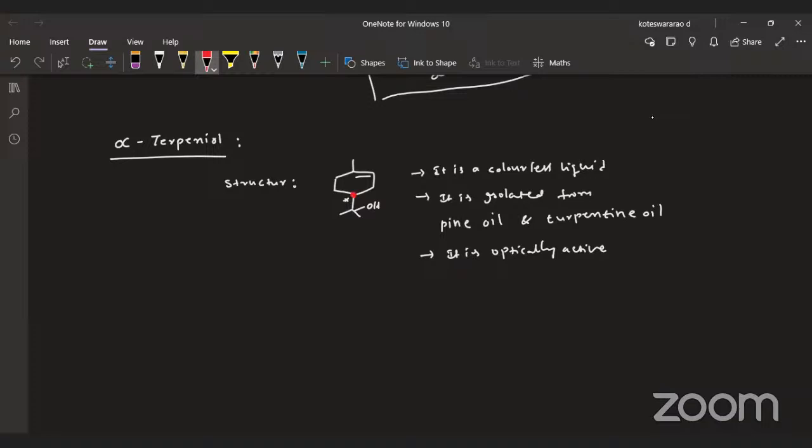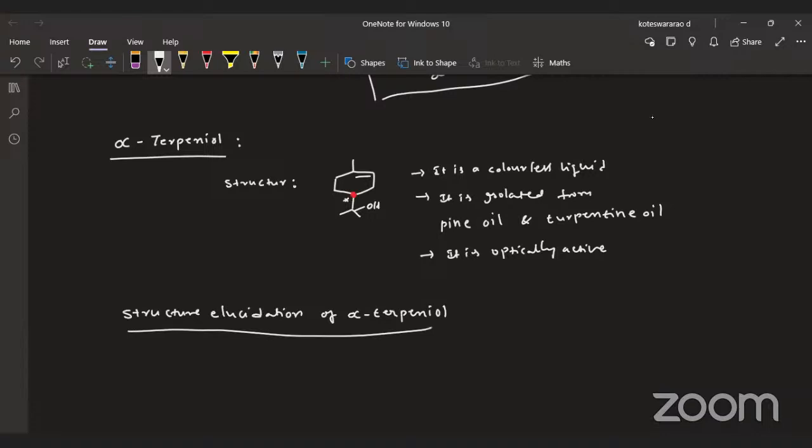Then come to the structure elucidation of alpha terpenol. This is the known structure, the structure I am giving to you.